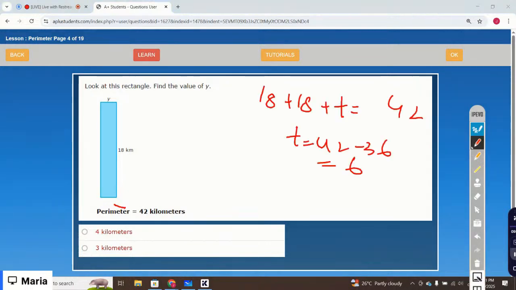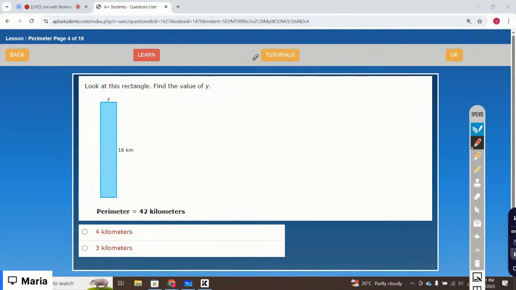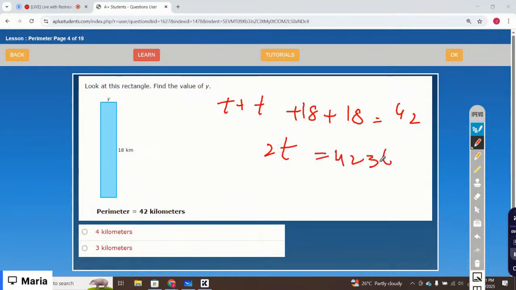Look at this rectangle. Find the value of t. So the perimeter is the sum of all these side lengths, right? Opposite sides are exactly equal. So t plus t plus 18 plus 18. 18 plus 18 is 36. The perimeter is given as 42. So 2t equals 42 minus 36. That is 6. Now divide both sides by 2.